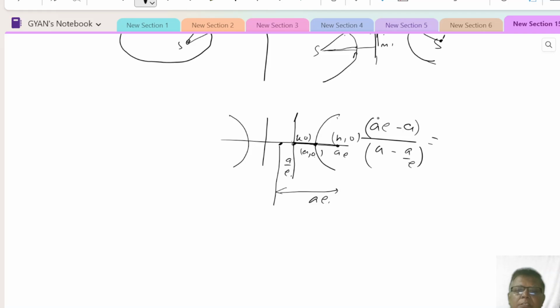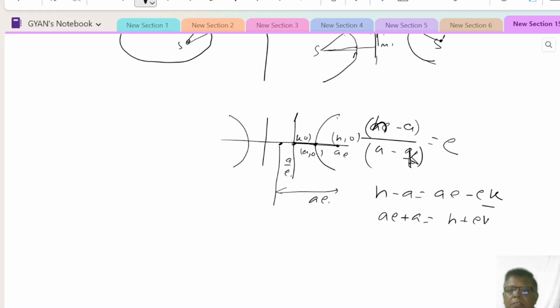So this is H minus A and this is A minus K should be equal to E. So H minus A is equal to AE minus EK. So AE plus A is equal to H plus EK. So this is the first equation.